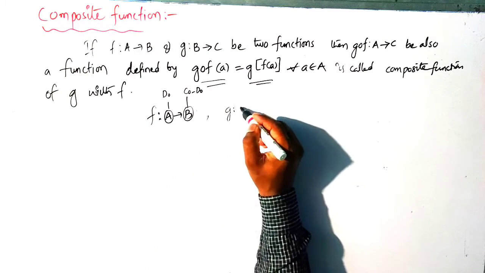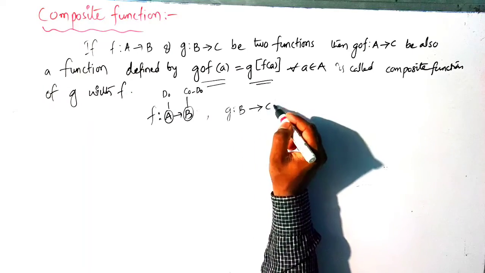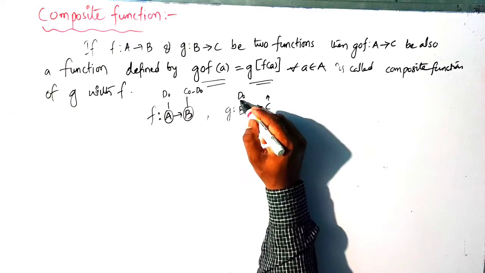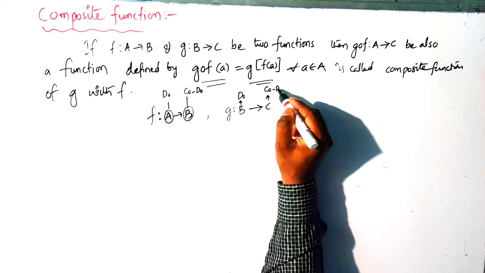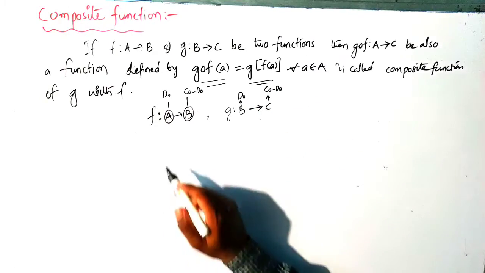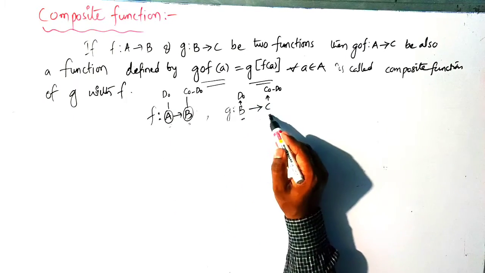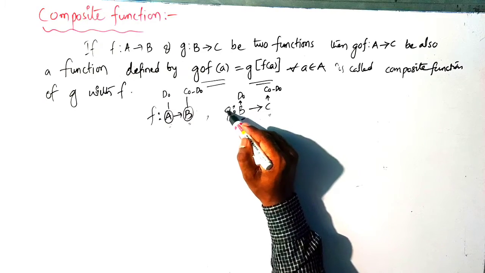And g is a mapping from B to C, so B is the domain and C is the codomain of function g. Clear?